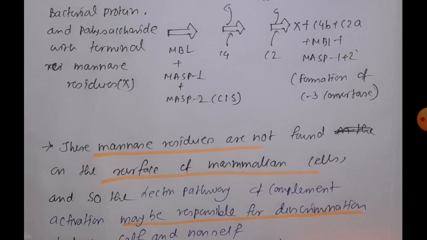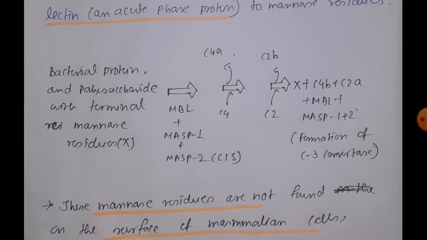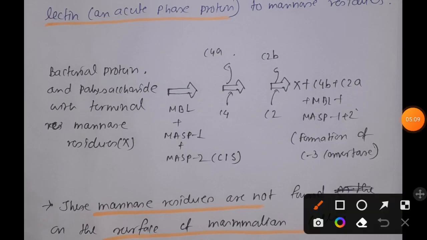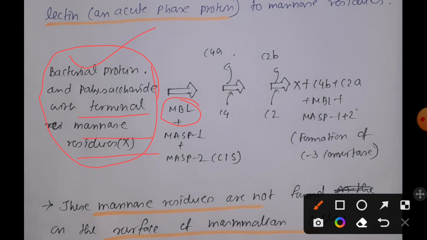Now let's talk about how it will be accomplished. First of all, bacterial protein and polysaccharide with terminal mannose residue. MBL will bind with that bacterial protein and polysaccharide terminal mannose residue. MBL here is mannose binding lectin.